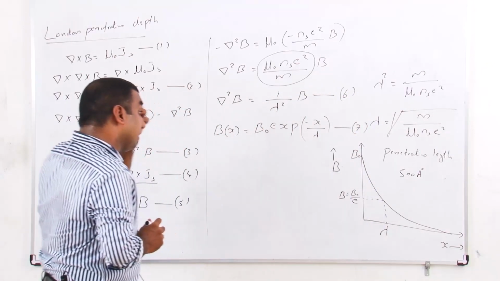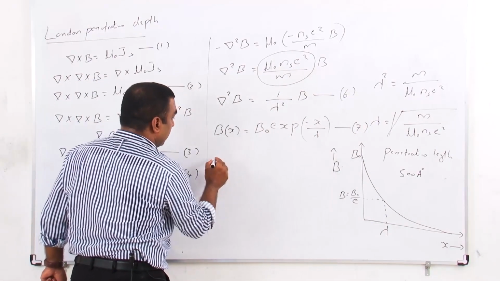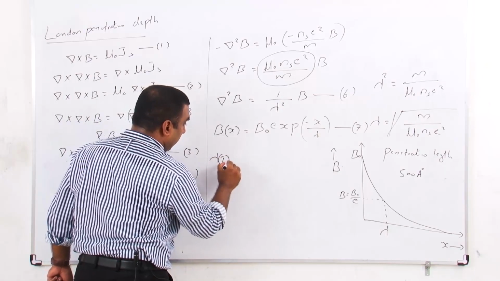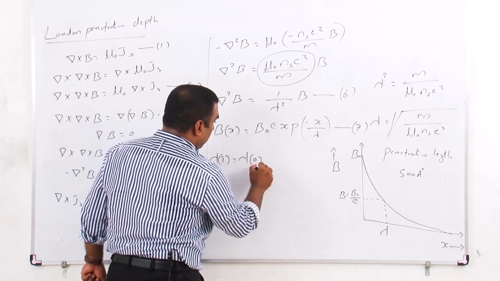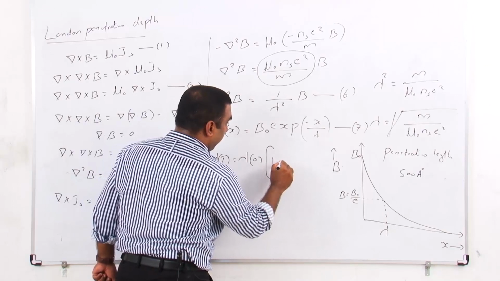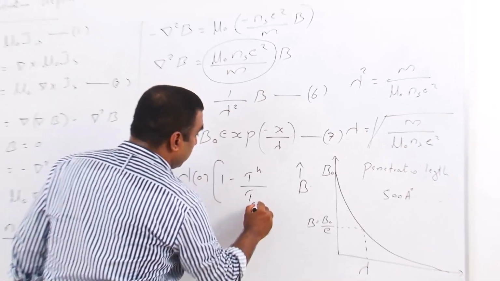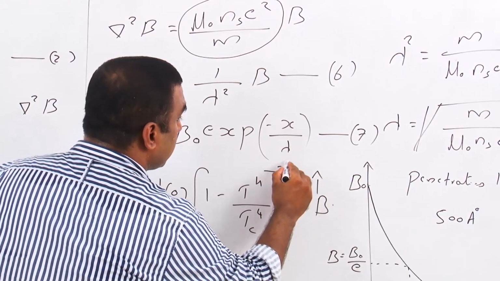From this we can derive an empirical relation for penetration length, given by lambda at T is equal to lambda 0 into (1 minus T raised to 4 divided by Tc raised to 4) the whole raised to minus 1 by 2.